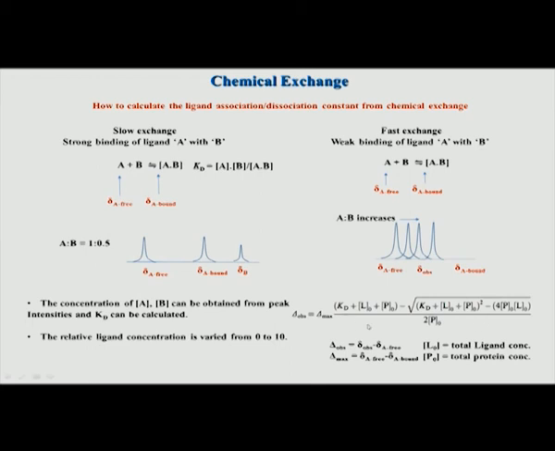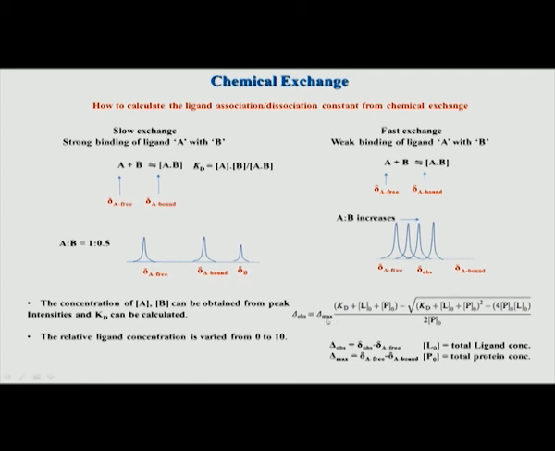This is a formula which we will not derive, but it can be very simply derived based on simple equations like this. Now, the derivation finally says that at any given time you have to calculate, and when you are titrating you will titrate several times. So, you will have the free form, you add little B, more B, little more B, and so on. So, at any given time you will observe a shift of the peak, and that shift from the original peak, which is the free form, is called delta observed at any given time.